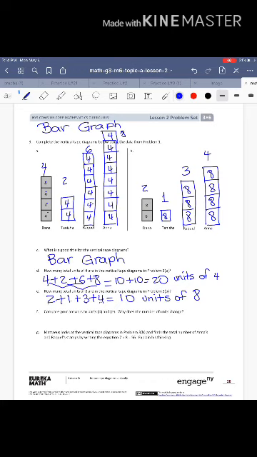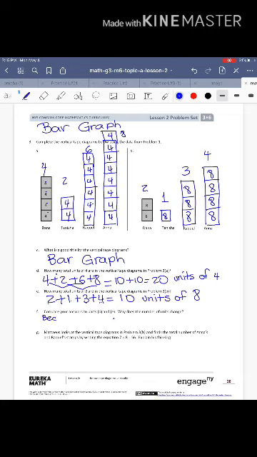Let's continue. Letter F. Compare your answers to parts D and E. Why does the number of units change? Why do you think right here we have 20 units of 4 and here we have 10 units of 8? What do you think makes it change? What would be a good answer?